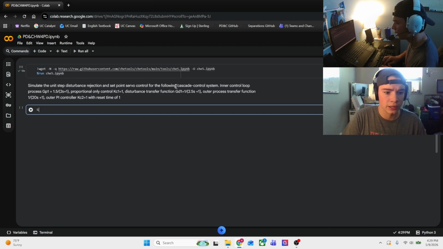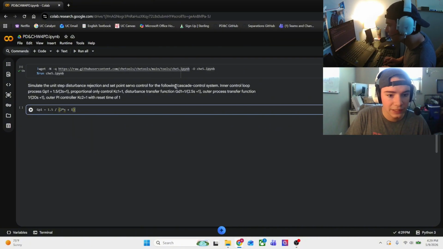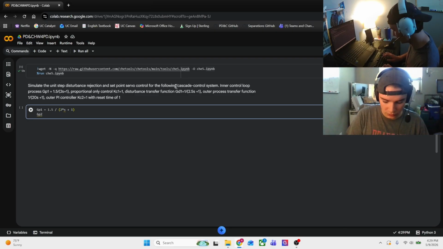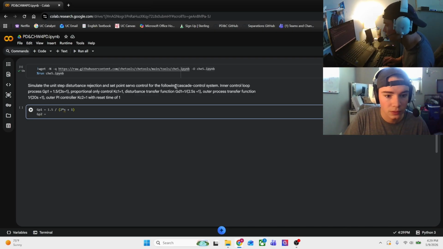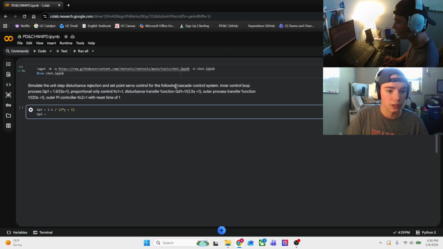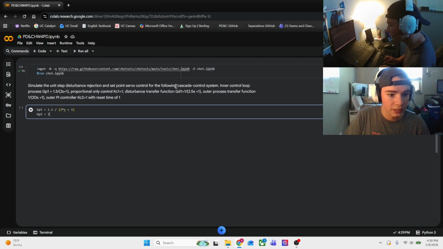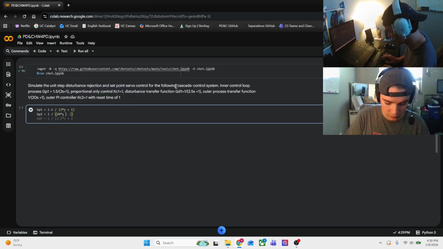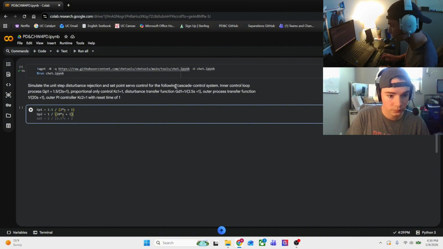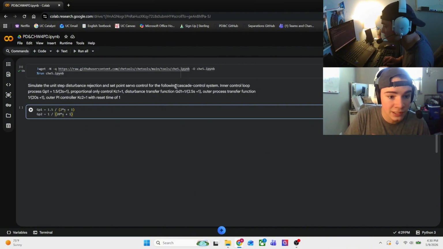So we're going to say that we know that our GP1 is going to equal that 1.5 divided by our 2 times S plus 1. And then we also know that our GP2, the outer process, is going to be 1 divided by 20 times S plus 1. That's our two GPs that we're going to need.